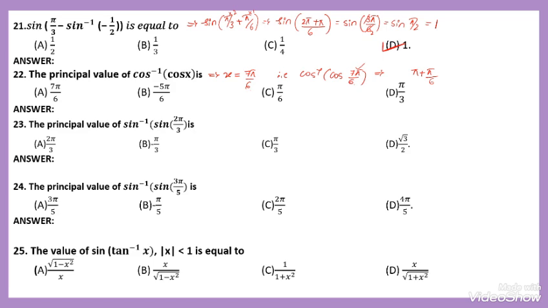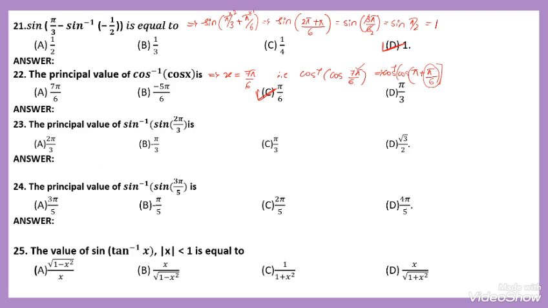Again, you take the LCM: 6 into pi, 6 pi plus pi, 7 pi by 6. So cos inverse of cos 7 pi by 6 can be written as cos inverse of cos of pi plus pi by 6. Therefore, the principal value is pi by 6. This is the principal value of cos inverse of cos 7 pi by 6.